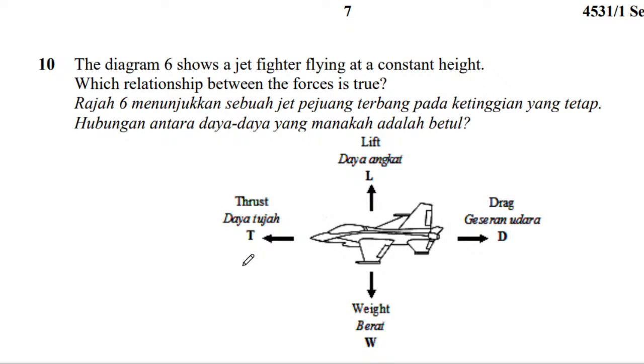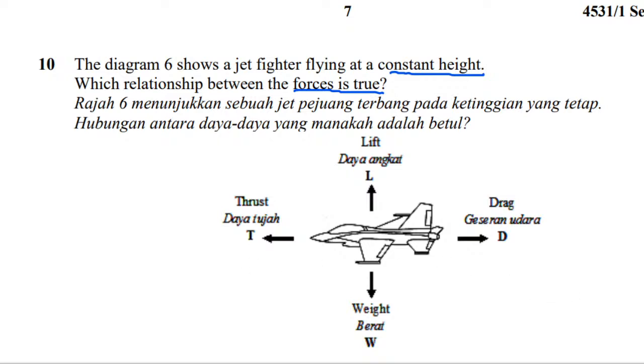Okay, look at this. Jet fighter flying at a constant height. So this is the keyword, constant height. So the question asking about relationship between forces is true. Constant height. If constant height, okay, look at the force acting.